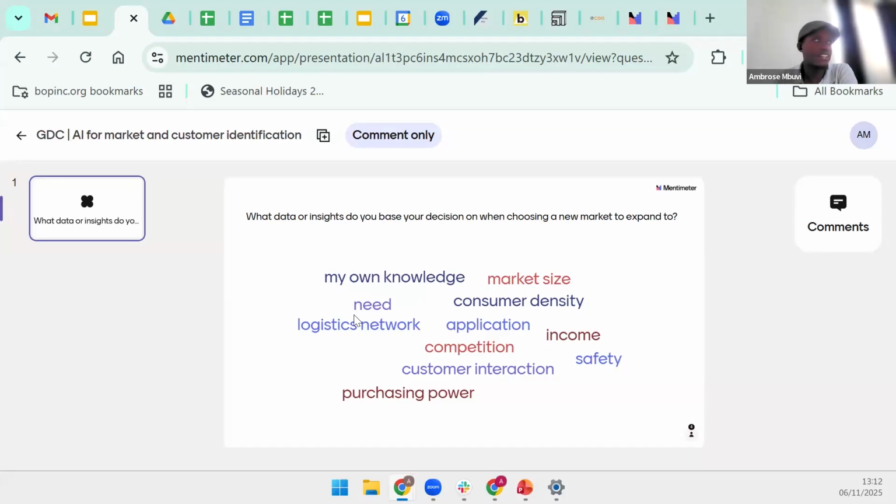Someone has mentioned market size, someone has mentioned the need, the logistics network, and the distribution channels that are already established. The application, income, I'm guessing it's income levels of the market you're targeting and the potential customers. Safety in the area or safety in the market, as well as the location, customer interaction, purchasing power.